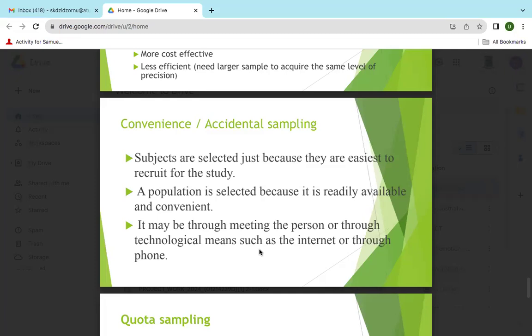So, for example, let's say you are the branch manager or the corporate manager for a telecommunications company, and you're coming up with some package for students.